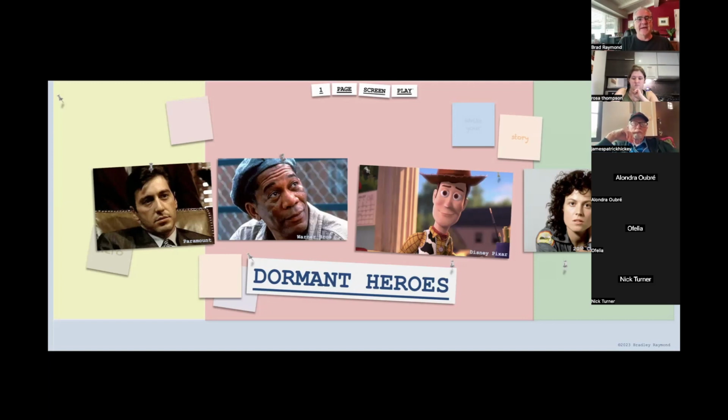Or as a protagonist, they change their flaw and become transformed, and therefore they can capture their dream. But the dormant hero is living their dream at the beginning of the movie, and it's taken away and they have to get it back. It's a really fascinating character that we're going to talk about coming up, but they're really just heroes.